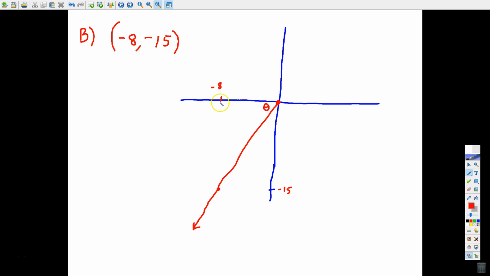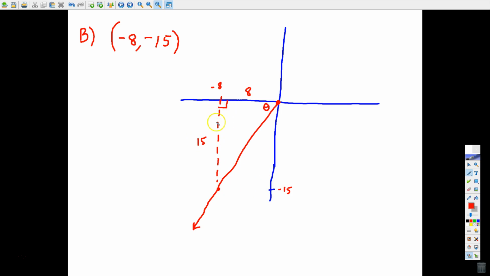And I'm just going to drop a line to create a right triangle. Okay, so here's my right triangle. And once again, I know 2 of the sides based on this point. I know that this leg has to be measured at 8, and I know that this leg has to be measured at 15.